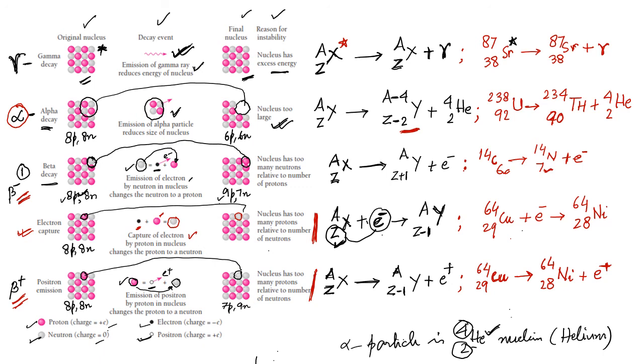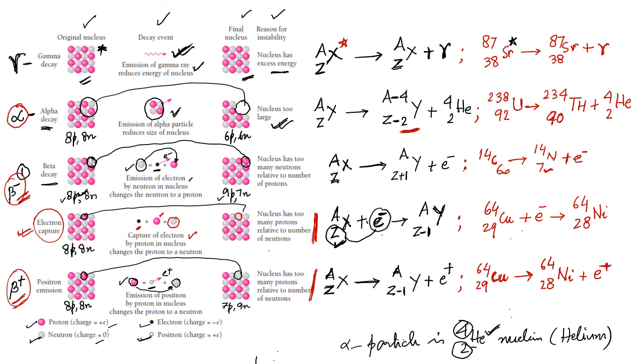So as it is decreasing its size, it is moving towards a lighter system, and when it comes to the lighter system, it starts to decay through either beta minus or beta plus or electron capture. So the combination of several processes is helping an unstable system come towards the line of stability, or become a stable system.